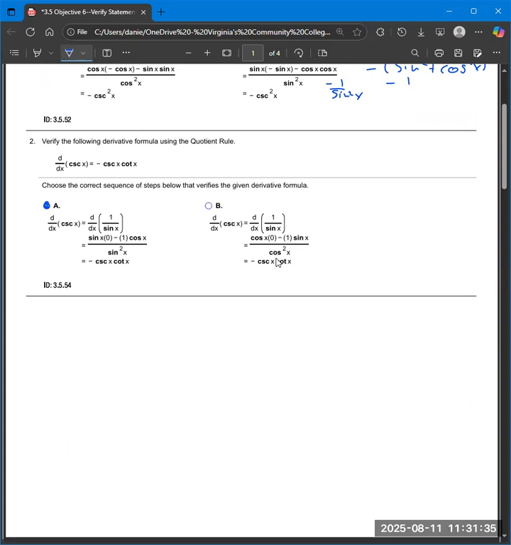So that's a negative cosine over sine squared. Cosine over sine is cotangent. 1 over cosine is cosecant. Cosecant and cotangent with a negative in front of it. So that's A.